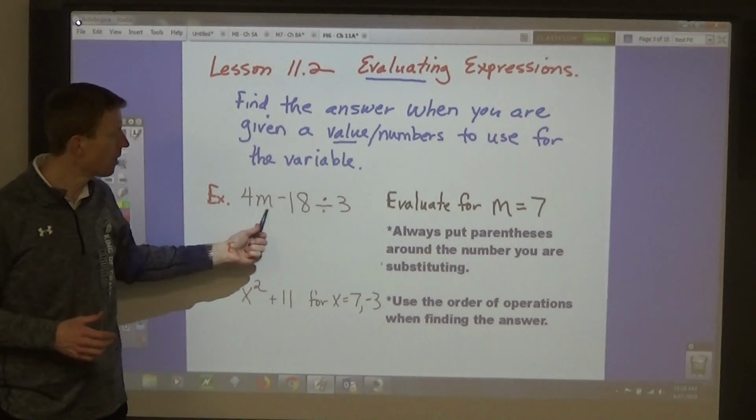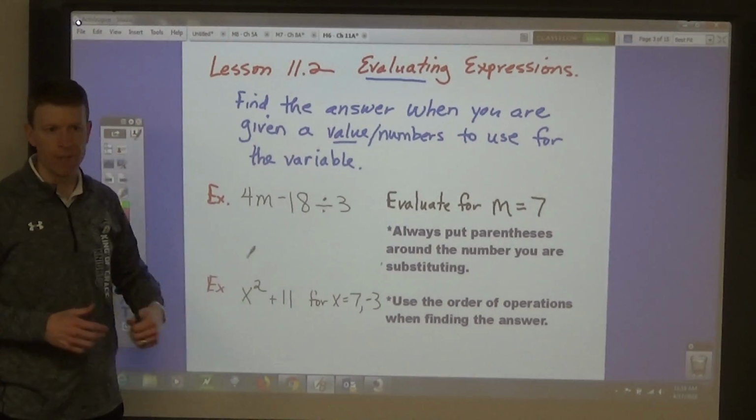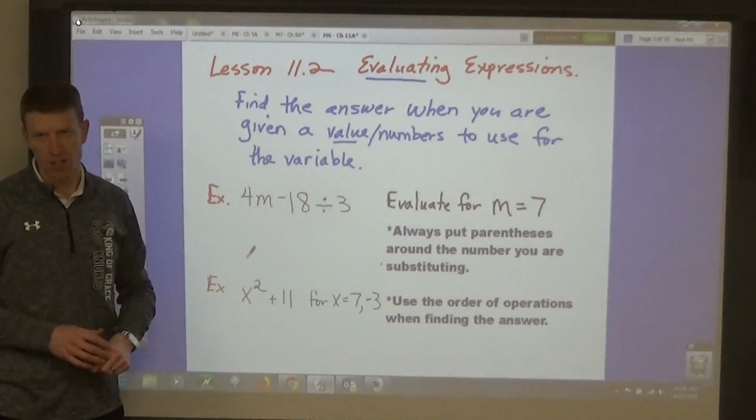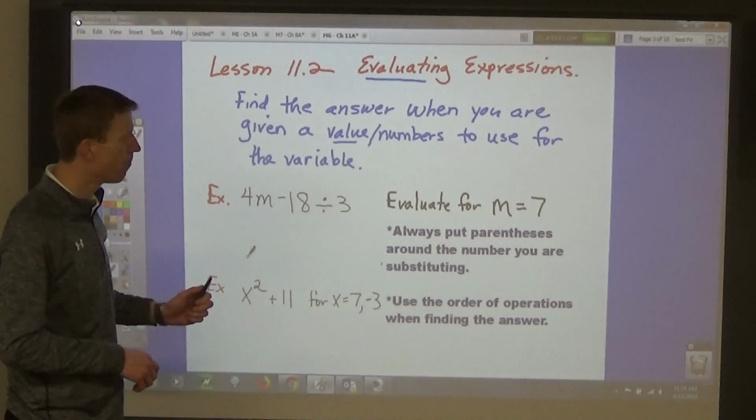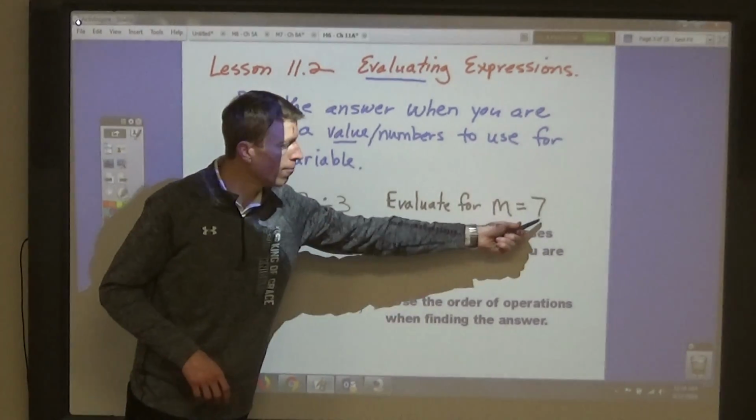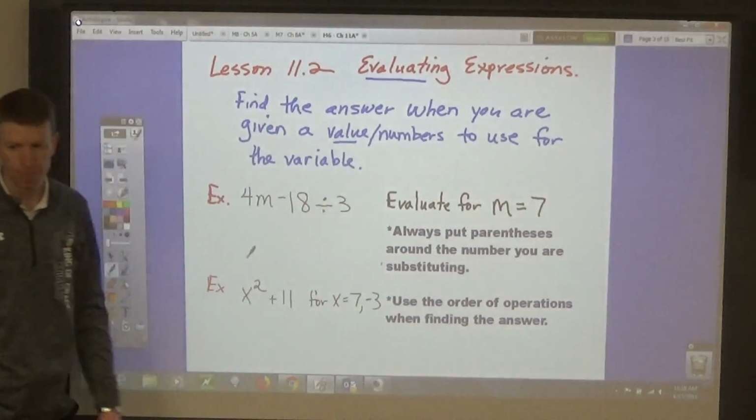So yesterday we talked about how to write expressions if you're given the word form of the expressions. Today we're going to talk about how to find the answer if you're given a value for the variable.